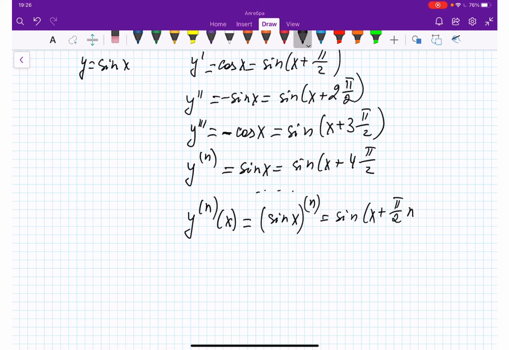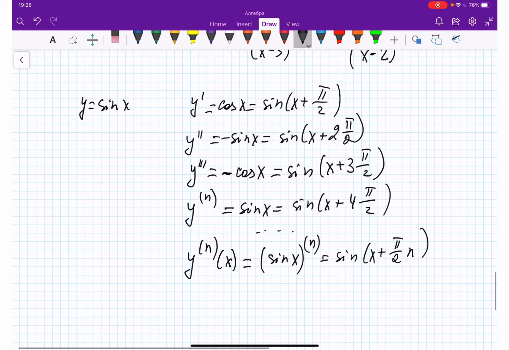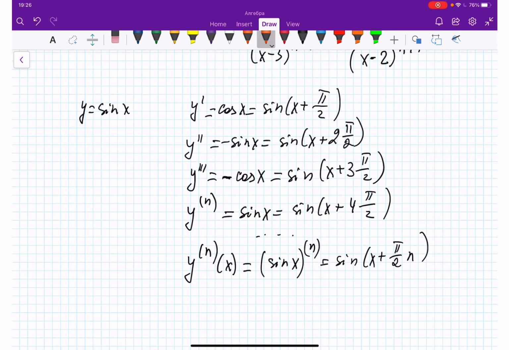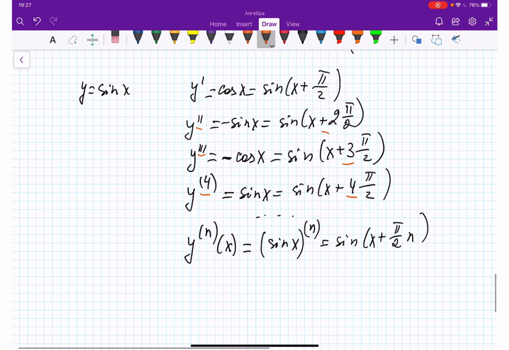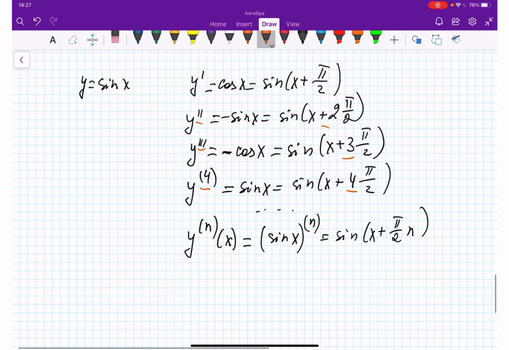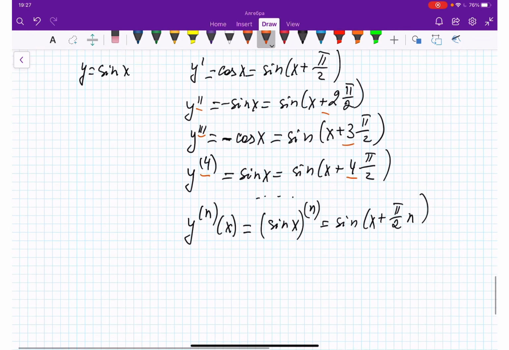Look here, indeed, put n instead of 4. So we have 4, 4, 3, 3, 2, 2. And here is the general formula for this case.